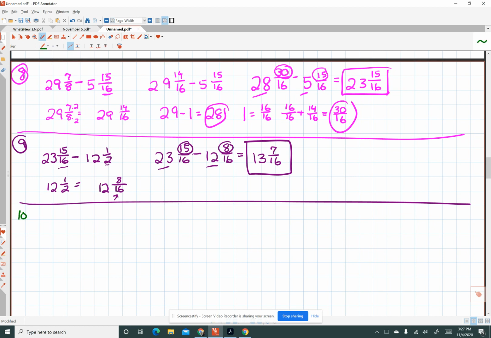So number 10, 16 and 1/2 minus 11 and 7/16. Now we need to convert the 1/2 to 16ths.